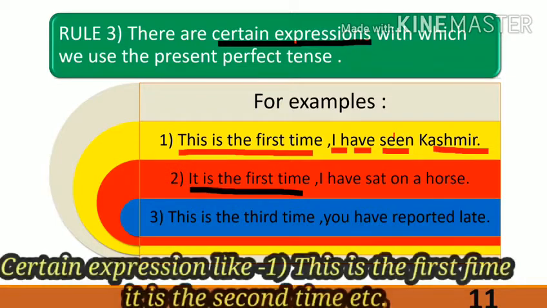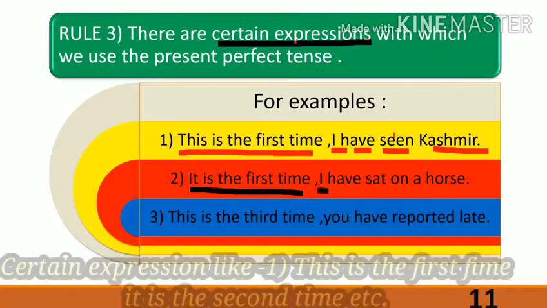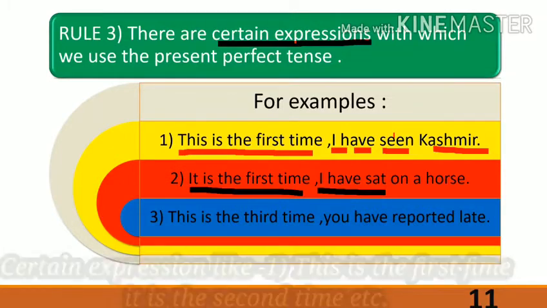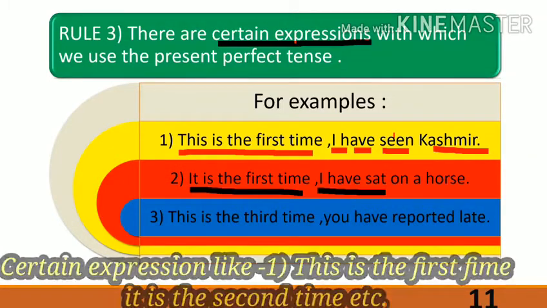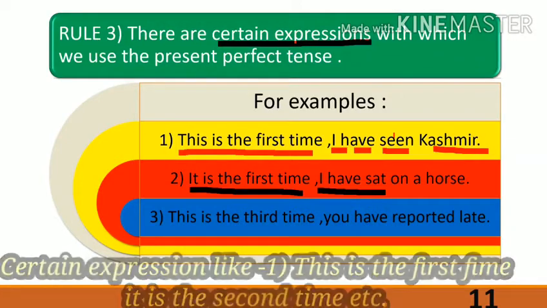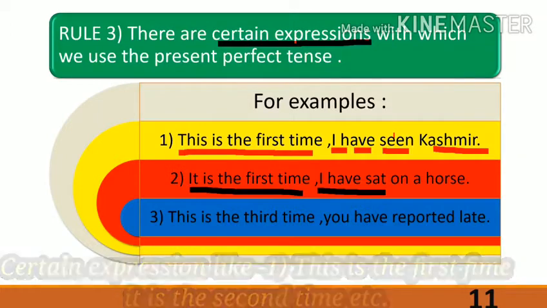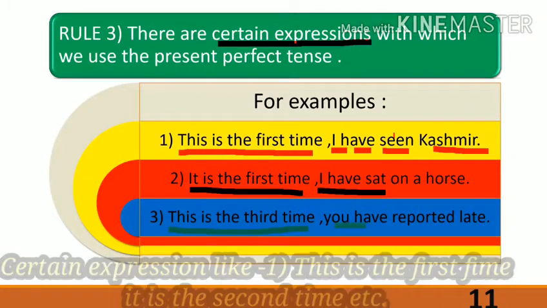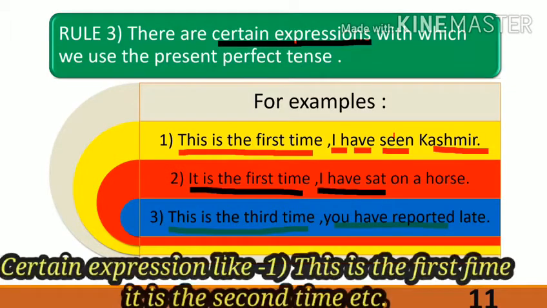Like this, in the second example, this is the first time is the expression. This is the first time I have sat on a horse. Here I is a subject, have is a helping verb, and sat is V3. So again, with the use of the expression we make use of the present perfect. And in the third example, this is the third time is the expression, and you have reported is present perfect tense.